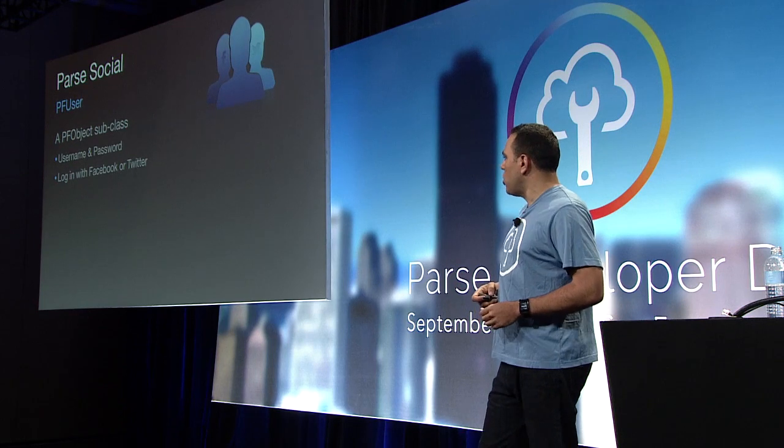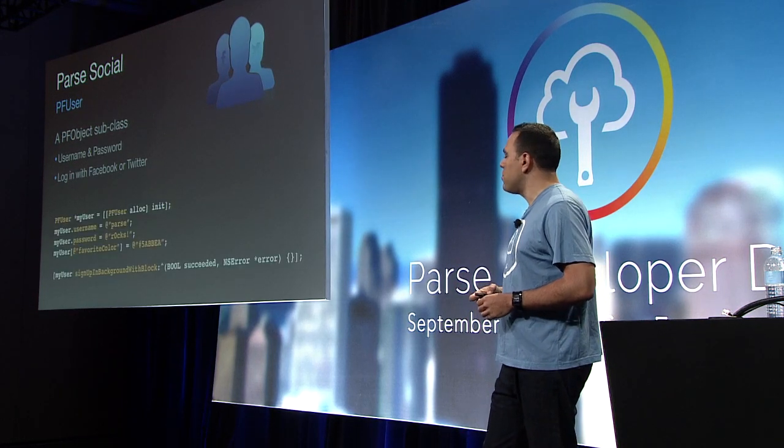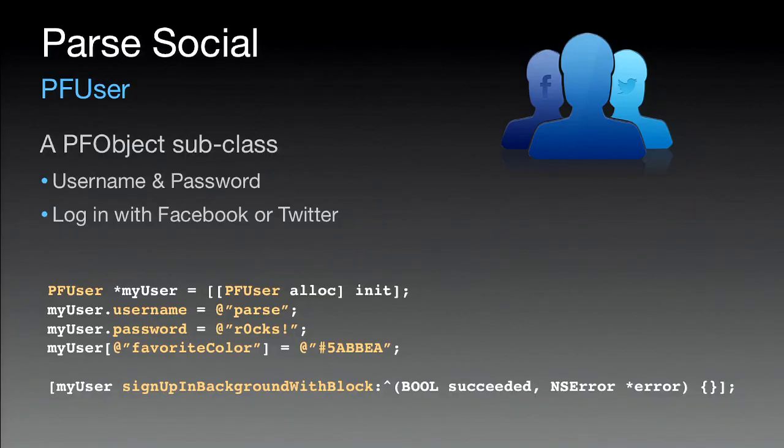The way you do this in code, you can create a new PFUser object, give it a username and a password, and remember that I said this is a PFObject. You can set any type of custom arbitrary columns on this PFUser object. In this case, I'm choosing my favorite color, which is Parse Blue.